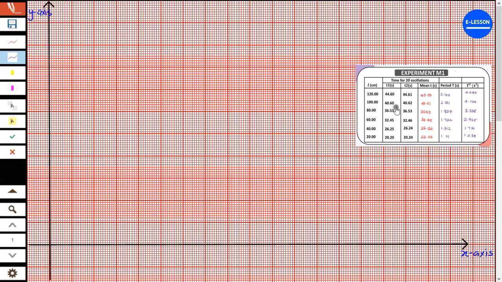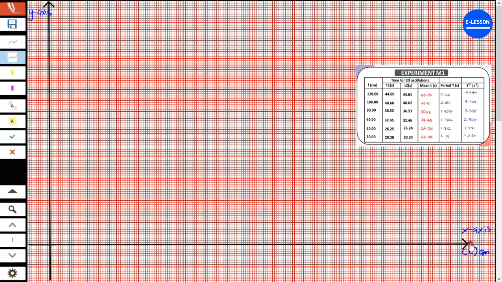Now the question says plot a graph of L on the y axis and then t square on the x axis. We may decide to say this should be x axis, right? You can make it x axis, write x axis here, and then bracket L. The unit is what?